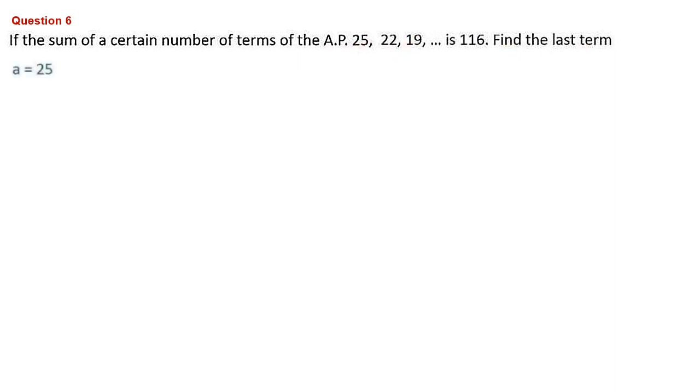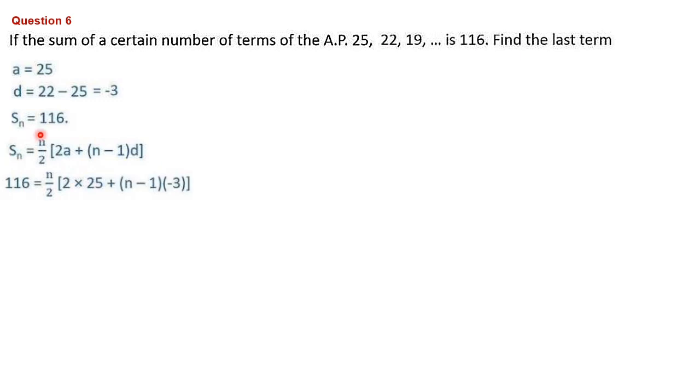So here a is given, that means the first term of the AP is 25. Then d we can take as second term minus first term, 22 minus 25, that is minus 3. And also the sum of some particular number of terms is given, that is 116. We can take Sn is equal to 116 because n is unknown here. We know the formula Sn is equal to n by 2 into 2a plus n minus 1 into d.